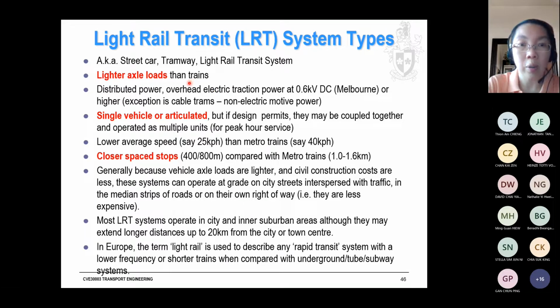It could be either a single vehicle or articulated, but if design permits, may be coupled together. It has lower average speed and very closely spaced stops. You see, every few hundred meters you have one stop or one station. Metro is about 1 to 1.6 kilometers.